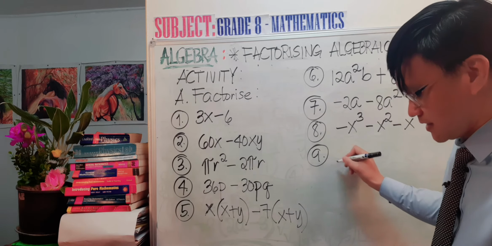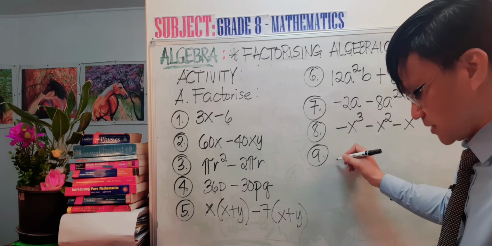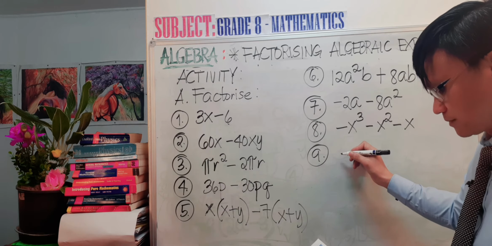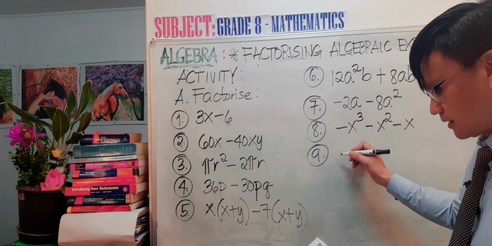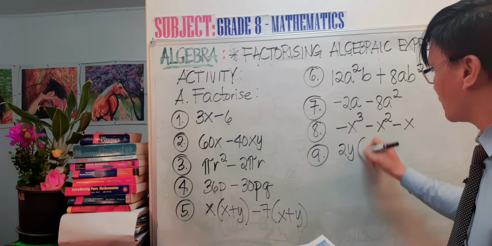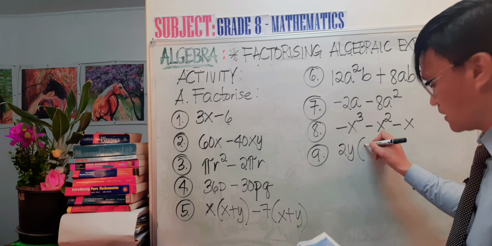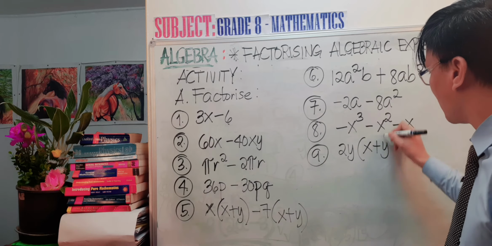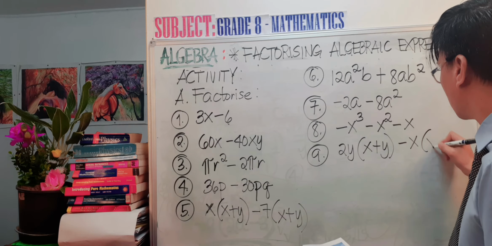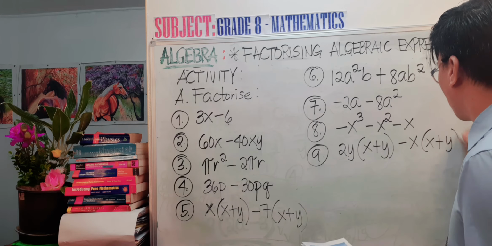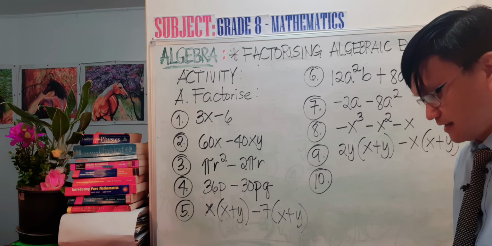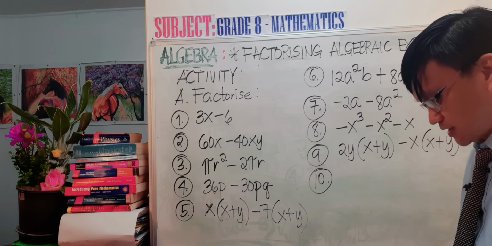Number 9, I'll have 2y x plus y minus x plus y. And finally, number 10.